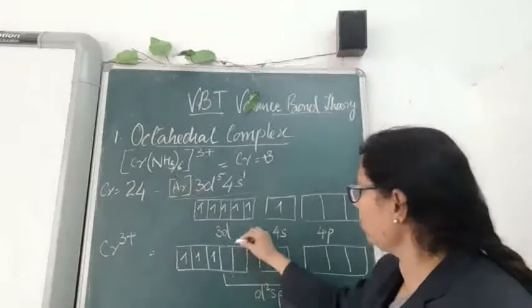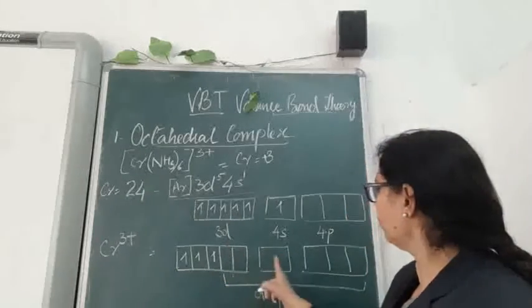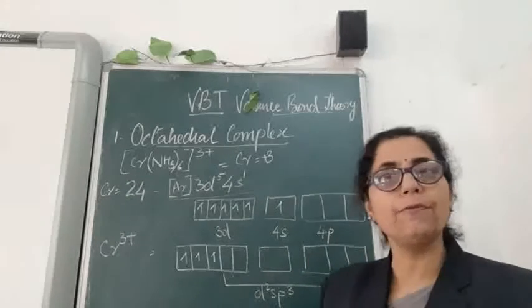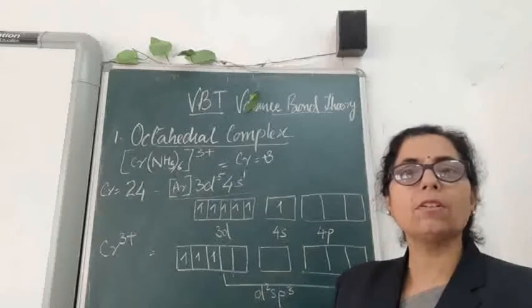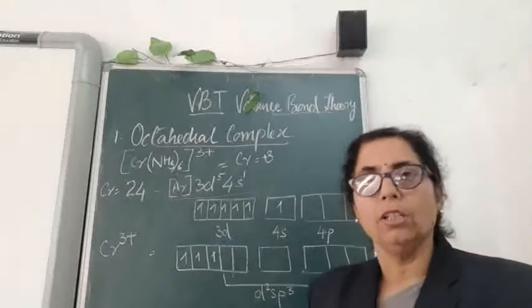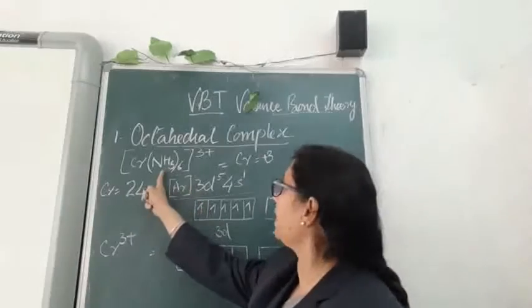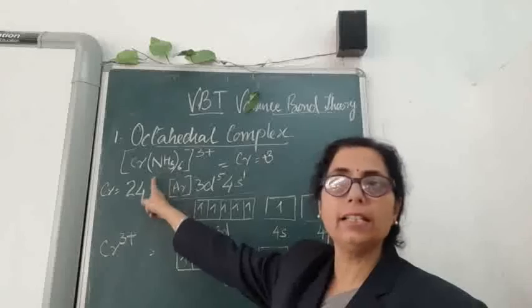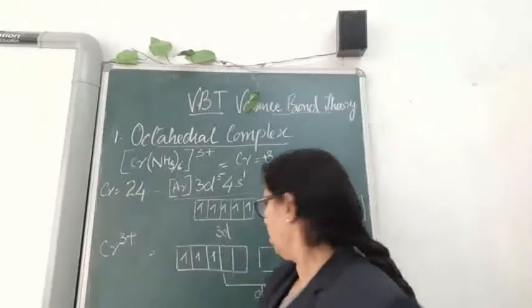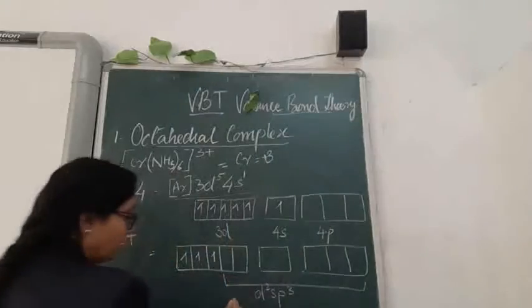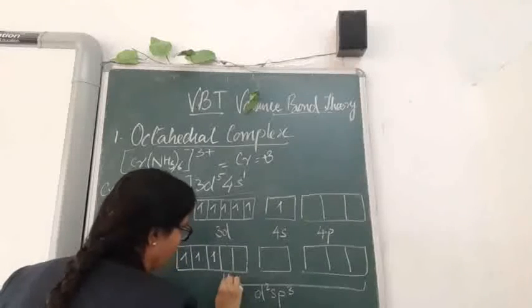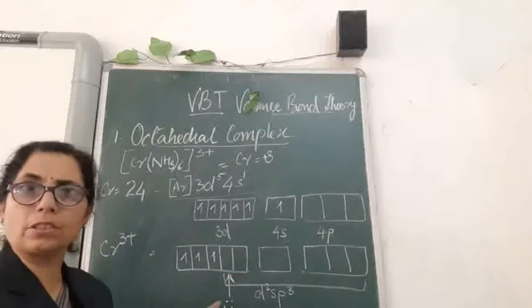So now after removing, we find that 1, 2, 3, 4, 5, 6 orbitals are free now. Okay, 6 orbitals are empty. Now, we know how many ligands have to be attached? 6 ammonia ligands have to be attached to the chromium. So one ammonia molecule will give a pair of electrons to this one.